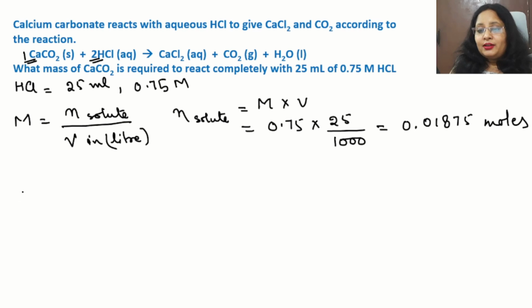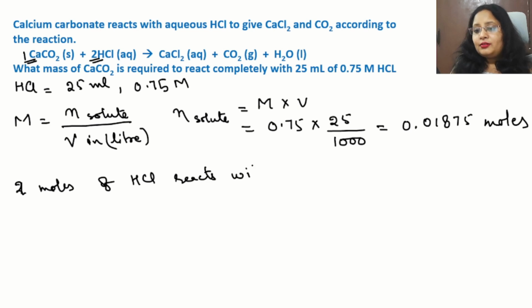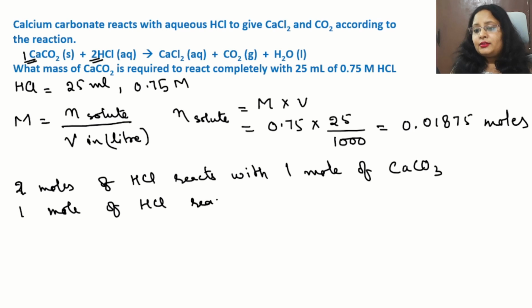So we can write 2 moles of HCl reacts with 1 mole of calcium carbonate. So 1 mole of HCl reacts with 1/2 moles of calcium carbonate.